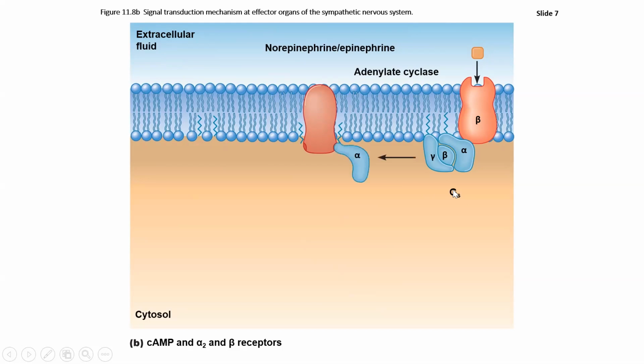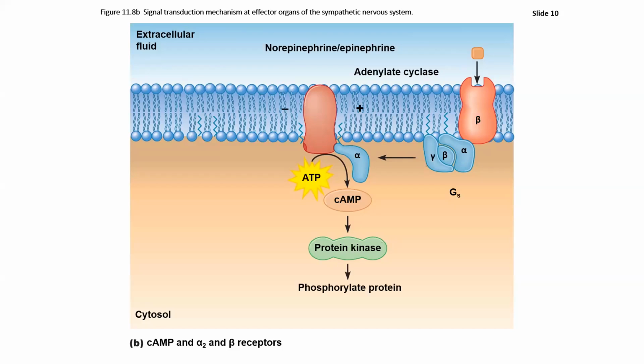So it's going to activate by the subunit dissociating off that will activate adenylate cyclase. And adenylate cyclase catalyzes the reaction that produces cyclic AMP. So cyclic AMP is our second messenger that's being created here. And cyclic AMP will enter the cell. It's going to turn on protein kinase, and protein kinase is going to phosphorylate some protein within the cell, and that is going to generate our cellular response.